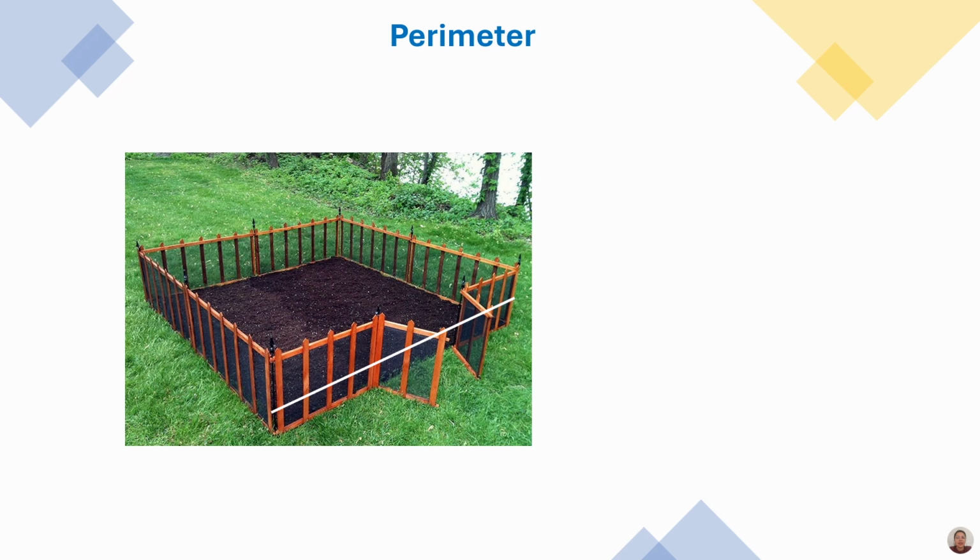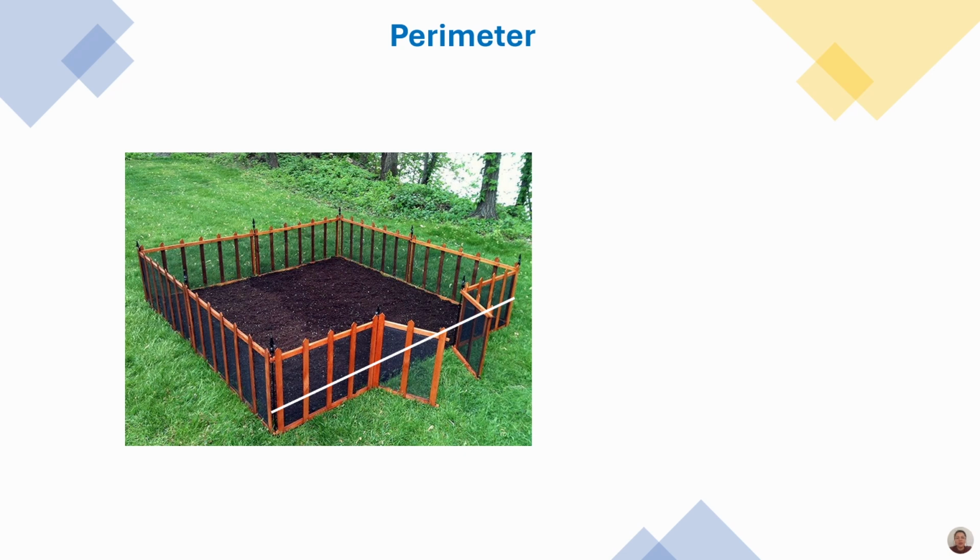Now let's say that in your school they asked you to plan a vegetable garden because they wanted to use some of the food so we could feed some of the kids at the school. So now they said that we had to put a fence around the vegetable garden.